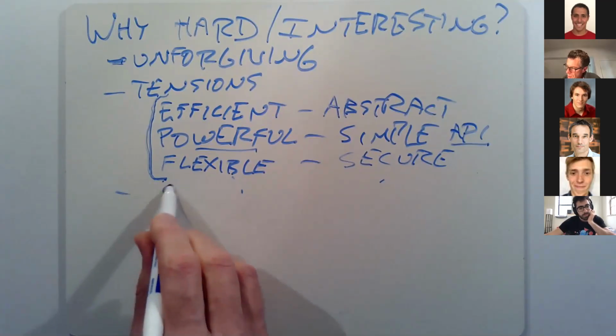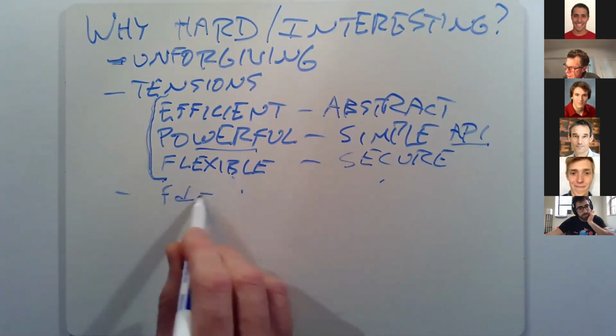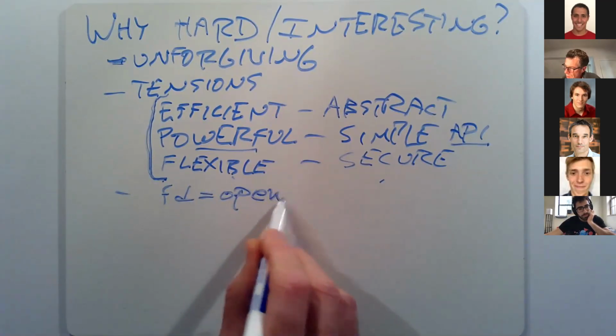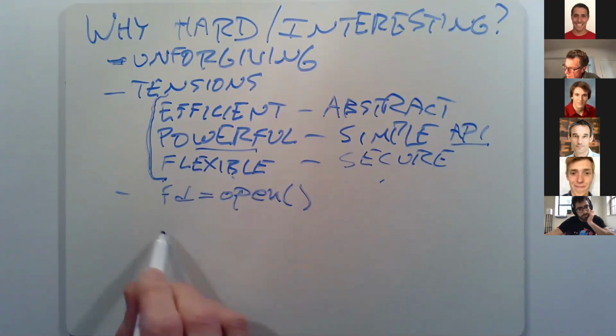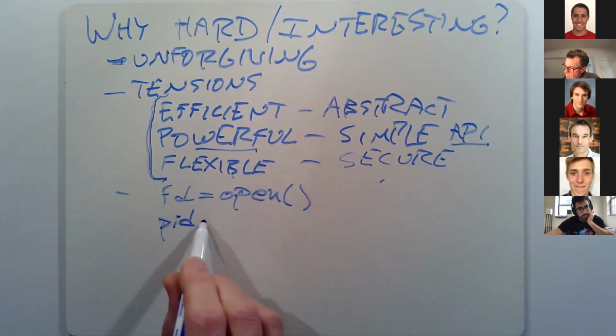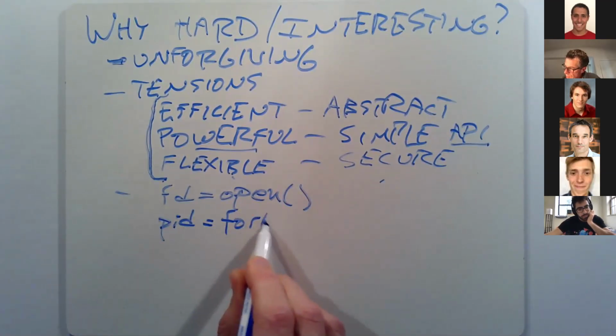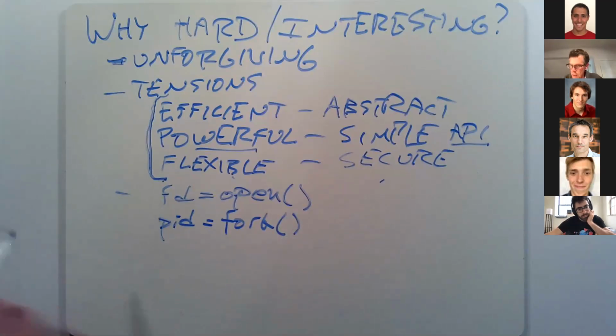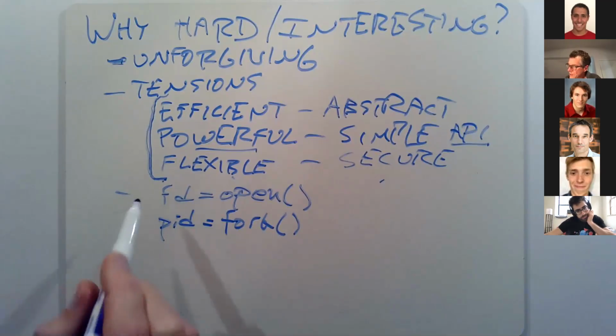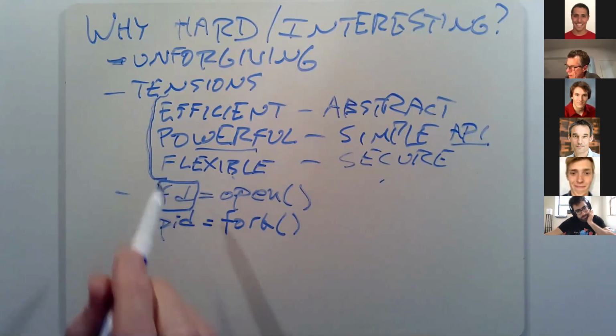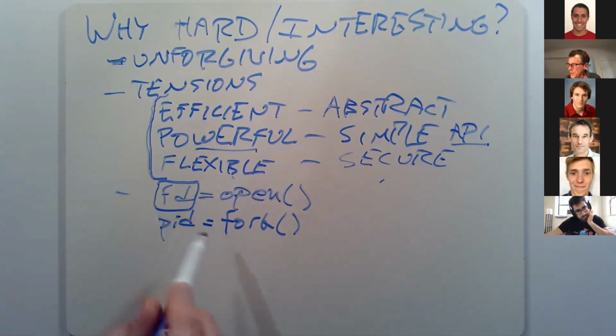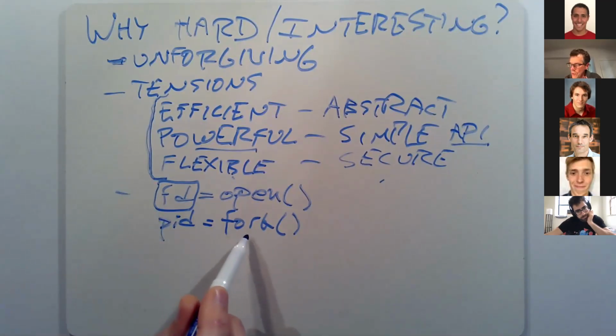If a program allocates a file descriptor with the open system call, and then that same program forks, and the semantics of fork are that you create a new process that's a copy of the current process, then this file descriptor you opened, if that's truly to be a copy, still has to be present and usable in the child.